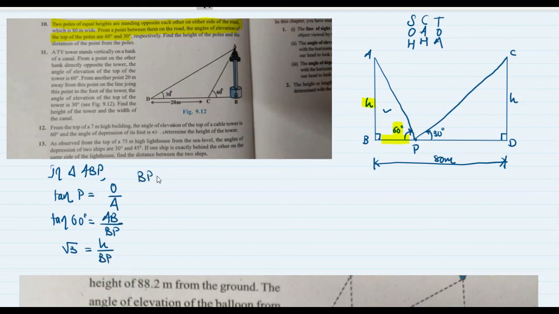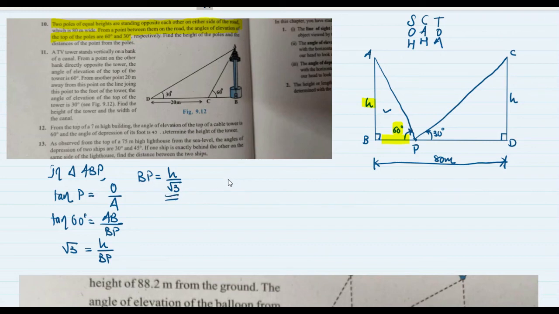So if we shift BP to the other side, root 3 will come over here. What expression should I write over here? Root 3 is equal to H by BP. So BP is equal to H by root 3. Very good, H by root 3. So we found BP in terms of H.